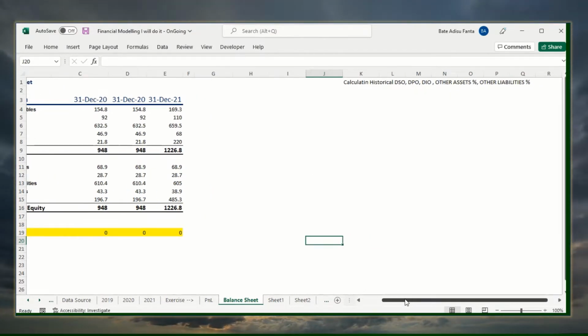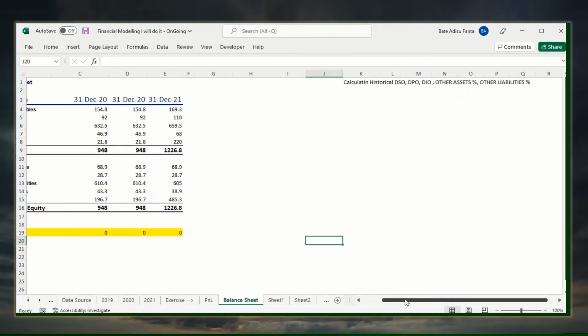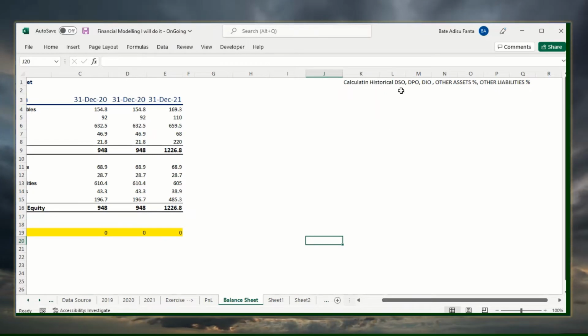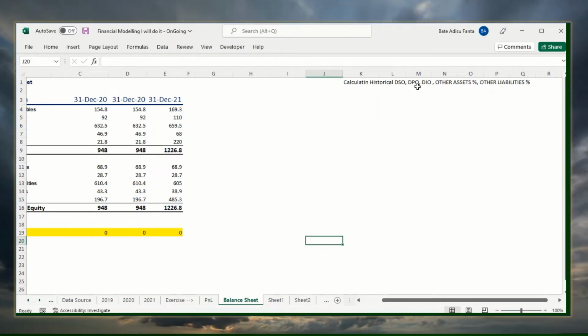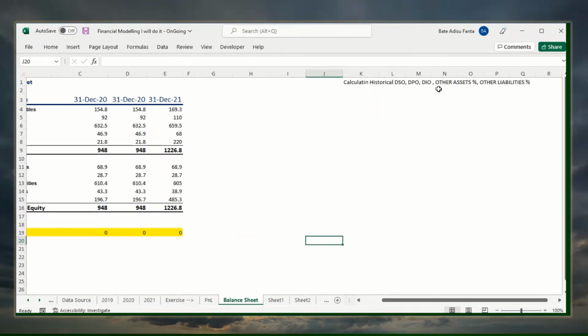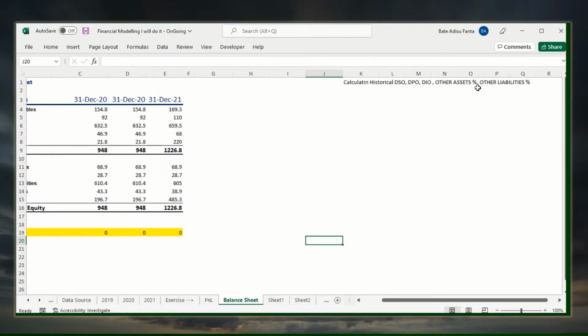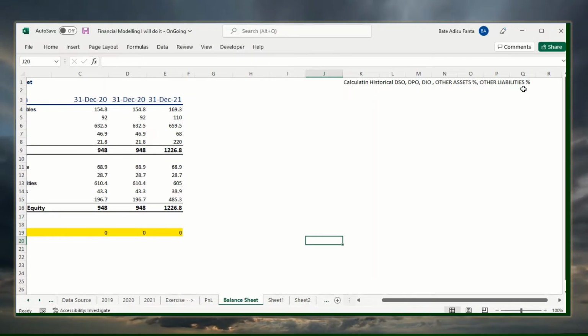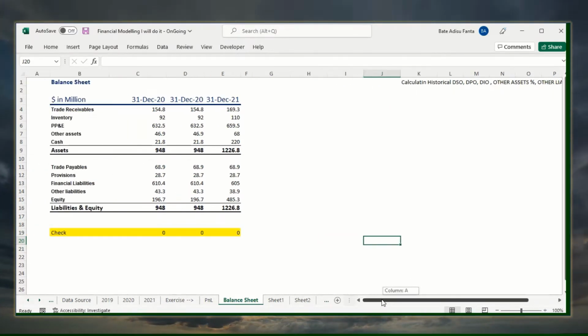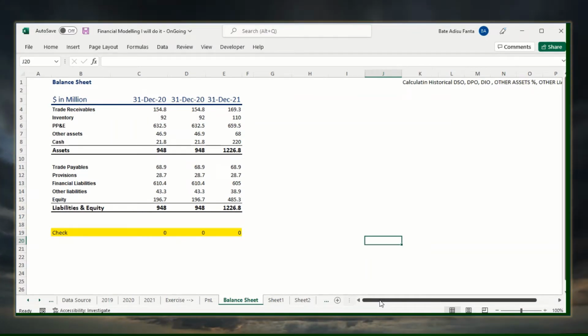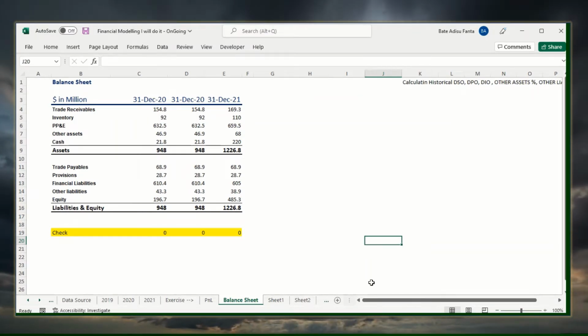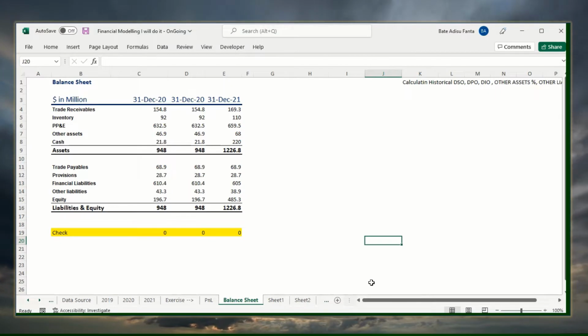For balance sheet projection, the drivers for balance sheet forecasting are DSO, DPO, DIO, other assets as percentage of revenue, other liabilities as percentage of revenue. So these are the main drivers of balance sheet projection or balance sheet amount forecasting.